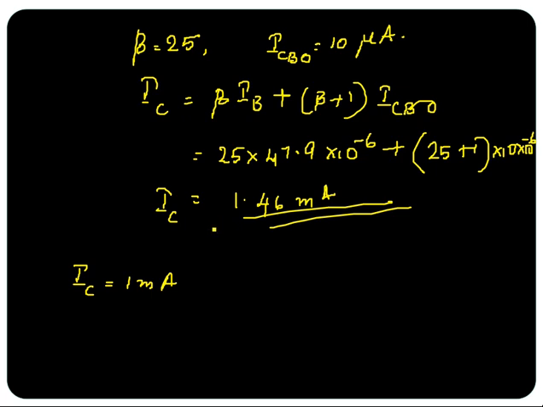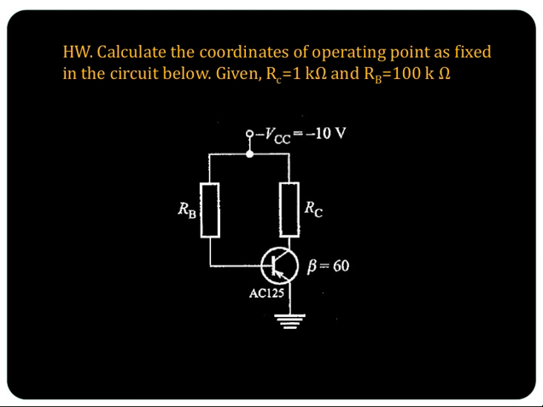So this collector current is increased by around 50% due to change in temperature. So is that allowable? This fixed bias circuit is seldom used because of these limitations. We'll discuss that in detail. And you can take this as a homework.